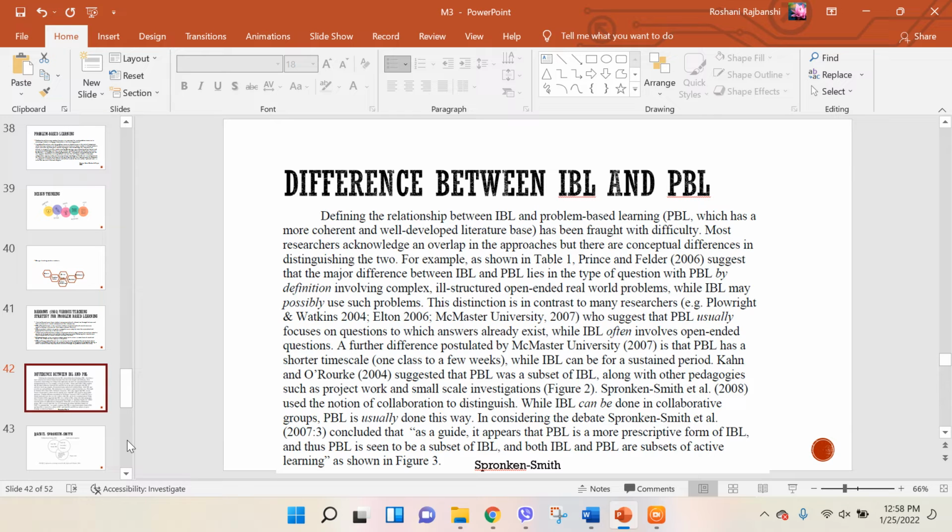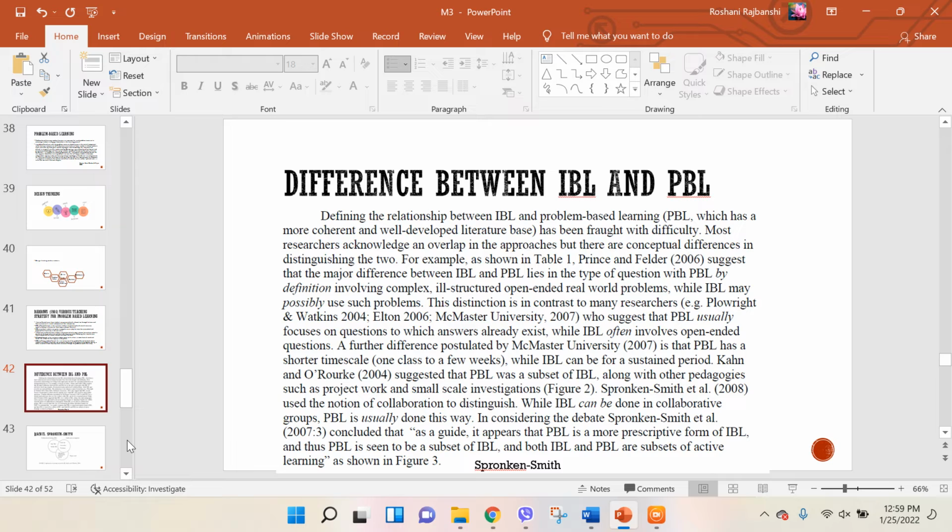A further difference postulated by McMaster University is that PBL has a shorter time scale, one class to a few weeks, while IBL can be for a sustained period.